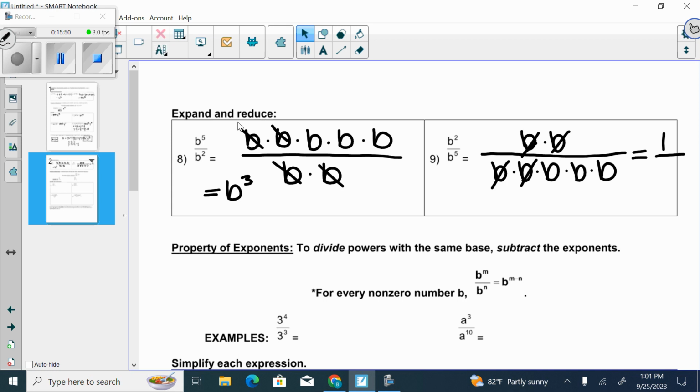In the bottom, how many B's are left? 3. So what could you do with the numbers 5 and 2 to come up with the number 3?